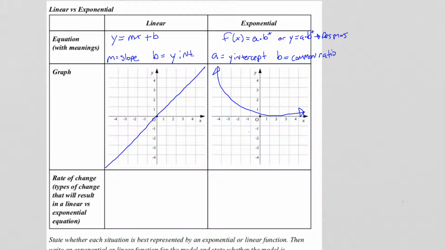So the other thing is some differences, and hopefully refreshing your memory. When m, or the slope, was positive, basically y is increasing from left to right.